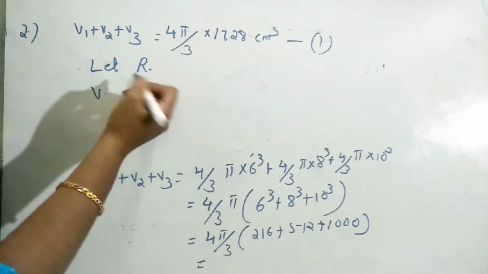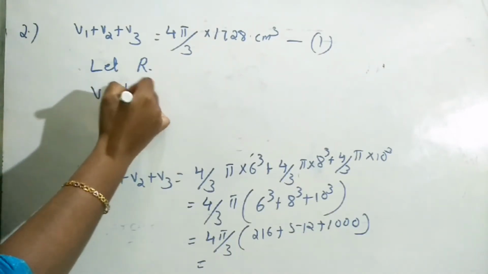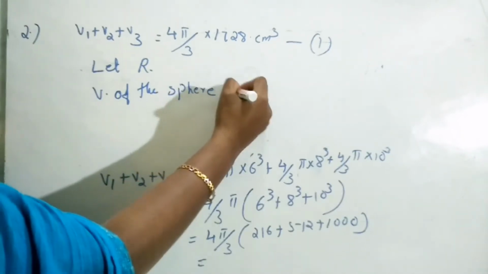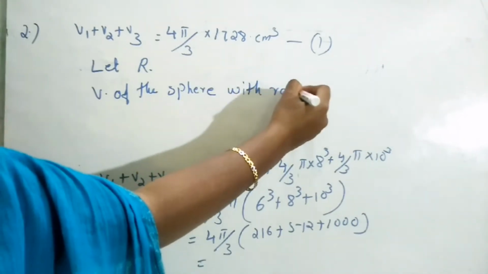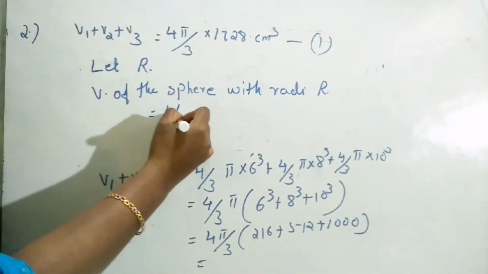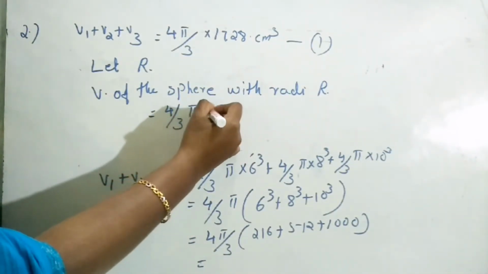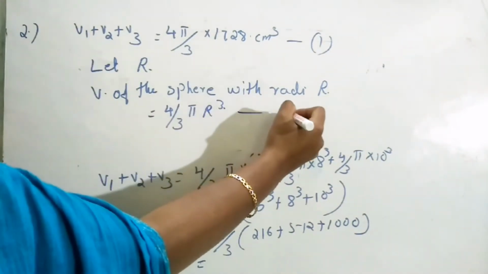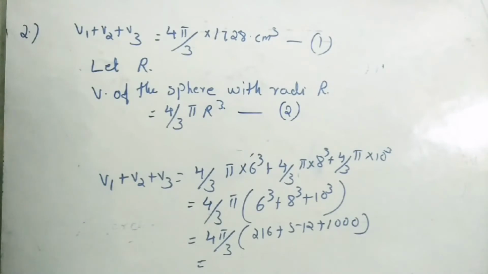Then volume of the sphere with radius capital R is equal to 4 by 3 pi r cube. This is equation number 2.